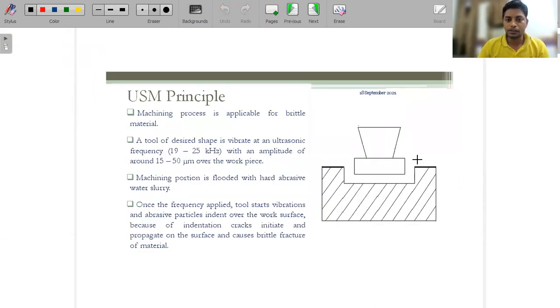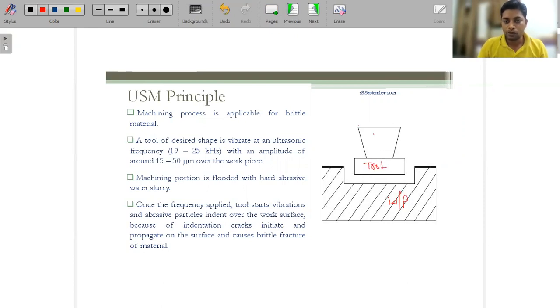First, we are going to discuss the principle. The bottom one is the workpiece. Actually it was the workpiece of this height, and after some time, when the material is removed, this figure is shown. This is the tool, or tool tip.